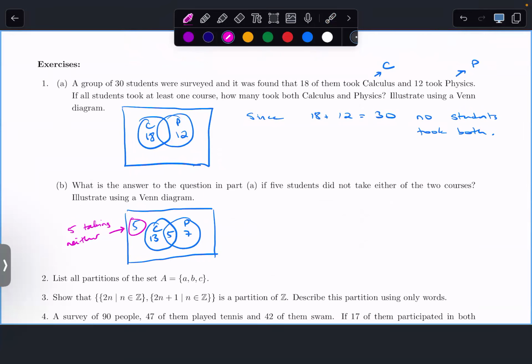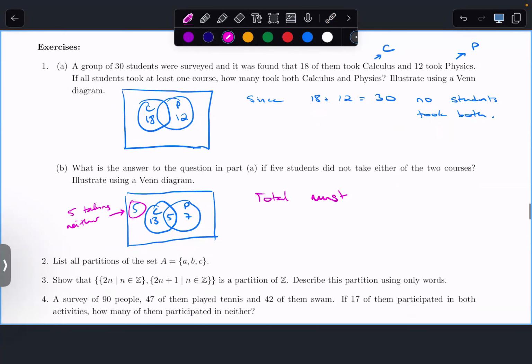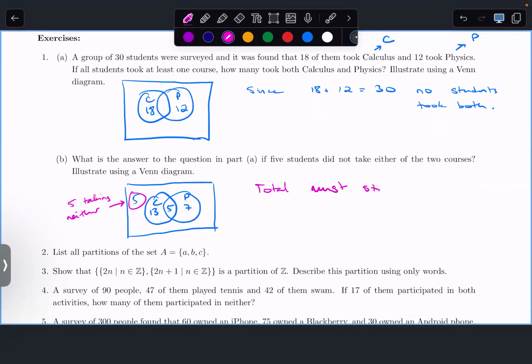But if the total has to be 30 still, then that's what smushes these two together, the calculus and physics. And that's maybe not clear because it's in part A, but total must still be 30 is the key.